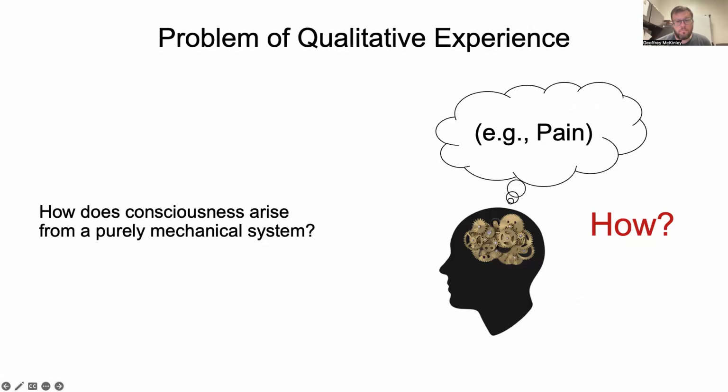The fact that an objective account of the mind using physical and mechanical processes may not fully explain subjective human experience is called the explanatory gap.